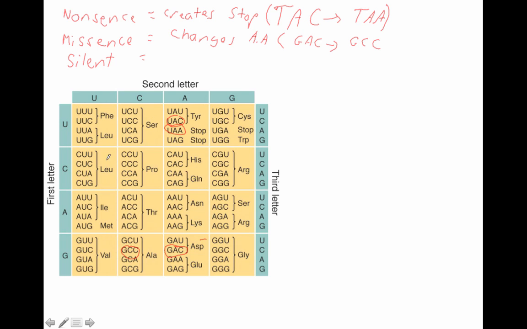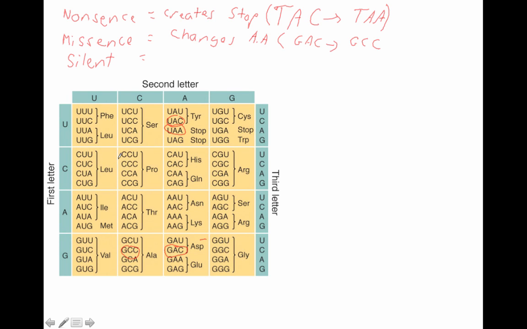So for instance, because of the redundancy of the genetic code, we have several codons that code for leucine, 6 here. We have 4 for valine, we have 4 for proline, 4 for serine. And typically what you'll notice is if you change the last nucleotide, you don't change the amino acid. So these are the third position. If you're going to get a mutation, usually that's the one you want to get because it's less likely to change the actual amino acid.